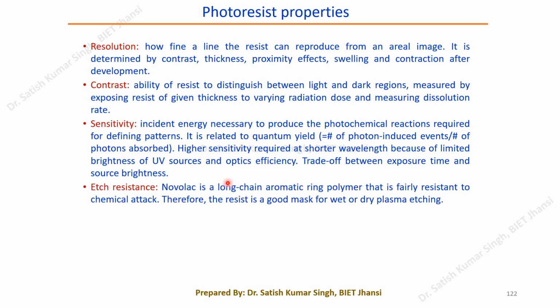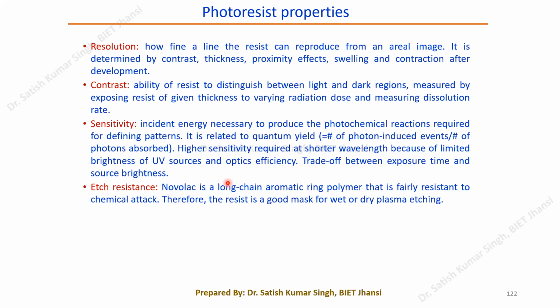Similarly, we have to know about the resist property of your photoresist, the etch resistance. So, what is the resist property? When we develop our photoresist, a certain portion will be removed. After removing that portion, the pattern on the mask will be transferred to your photoresist first.